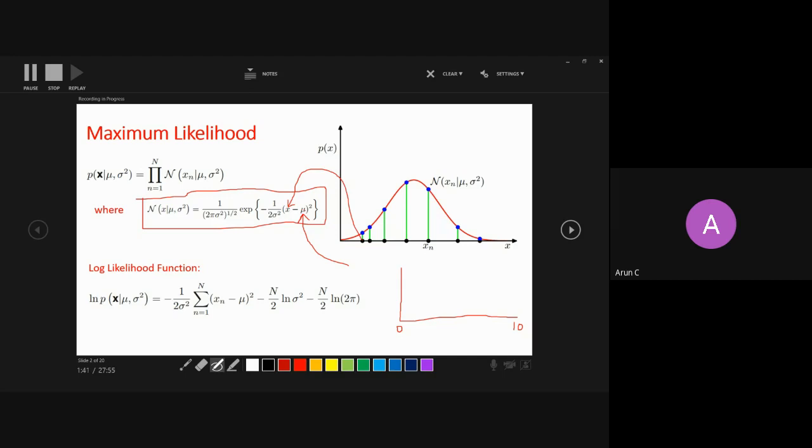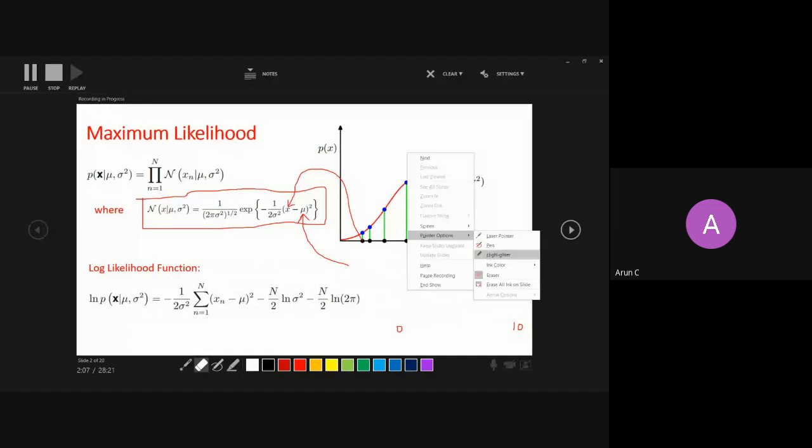Then you give mean 0.1 here, then mean 0.2, then mean 0.3, then mean 0.4. So you will get different probabilities for different means. Here mean is a variable, as I said, so you have a different probability for a different mean.